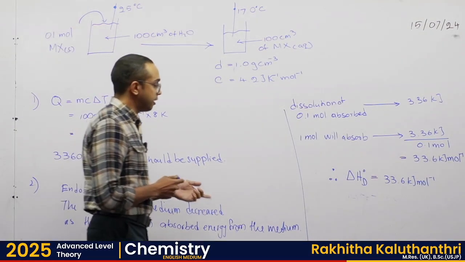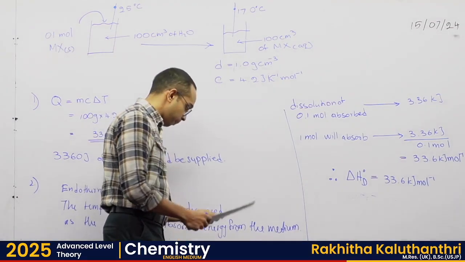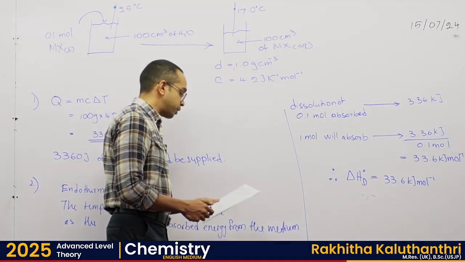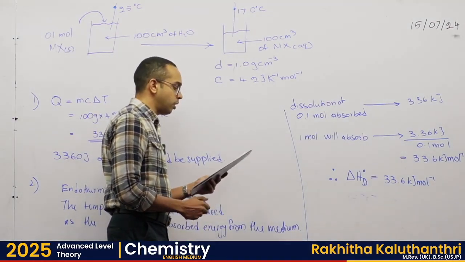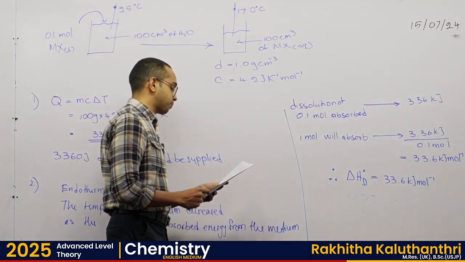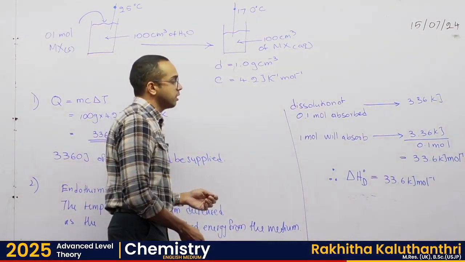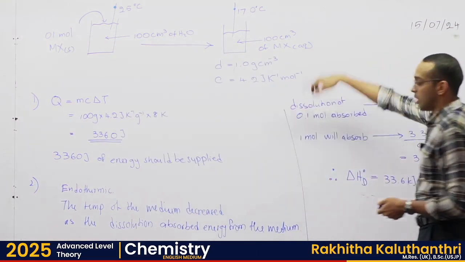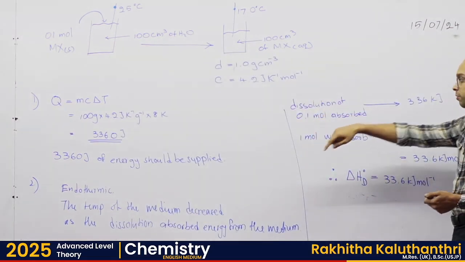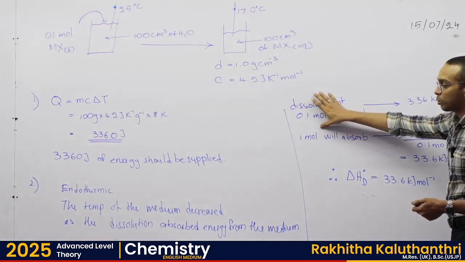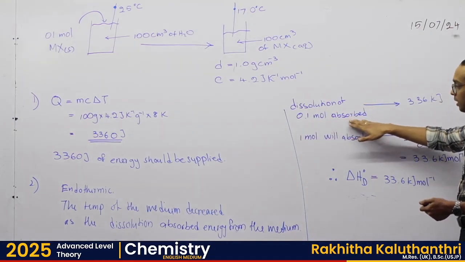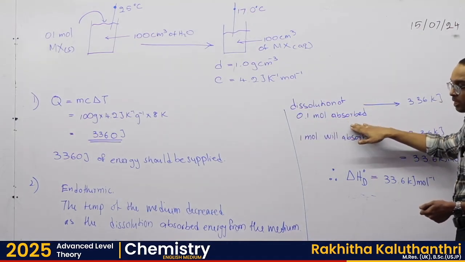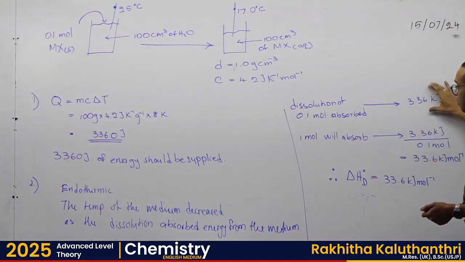And then the third one, calculate the enthalpy change in kilojoules per mole associated with this reaction. So basically what we have found out when we are dissolving this, so that is the dissolution enthalpy that they are asking for. So dissolution of 0.1 mole of the Mx solid absorbs this much kilojoules of energy, right?